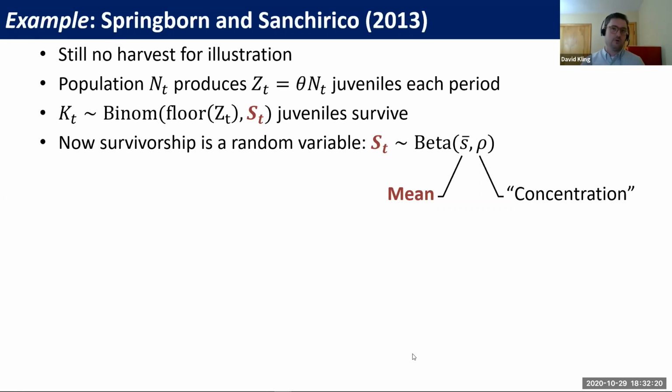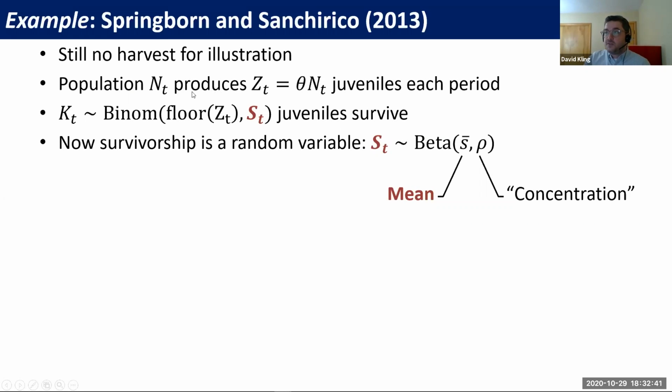So this is an optimal harvest model under uncertainty, where the goal is to optimize the value of the fishery, or the expected present value of fishing profit. But the illustration I'm about to do, I'm going to assume no harvest to keep things simple.